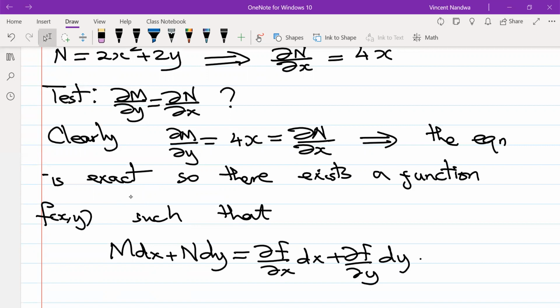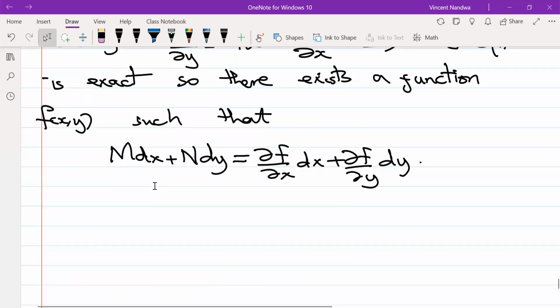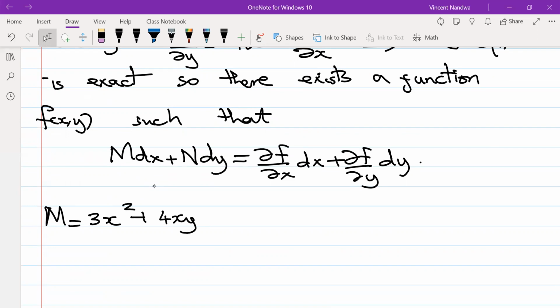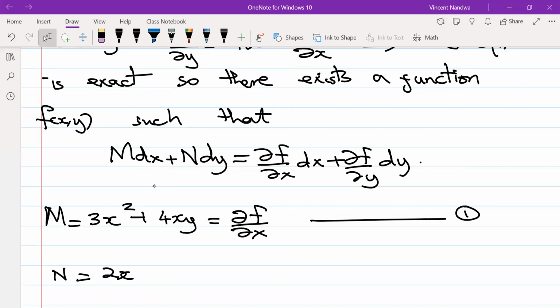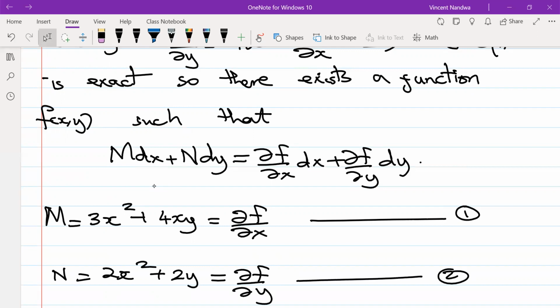So the key thing is to find this function f. Now M is given by 3x² + 4xy, which is the same as partial f partial x. I call it equation 1. N is given by 2x² + 2y, which is partial f partial y, call it equation 2.